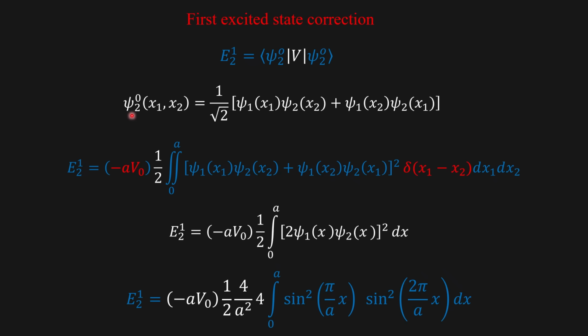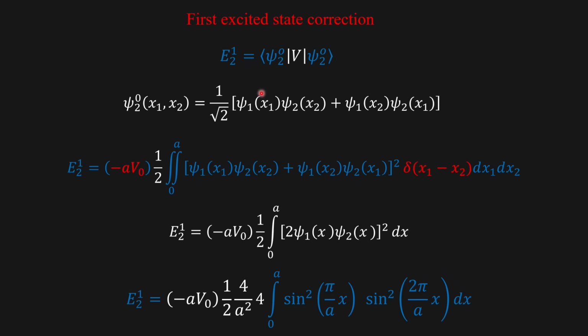Now we know psi 2 0, which is a function of x1, x2, can be written as a linear combination of 1 over square root 2, psi 1 of x1, psi 2 of x2, and we are interchanging, psi 1 of x2, psi 2 of x1. Since it's a boson, we are using the symmetric property, so we are using plus here.